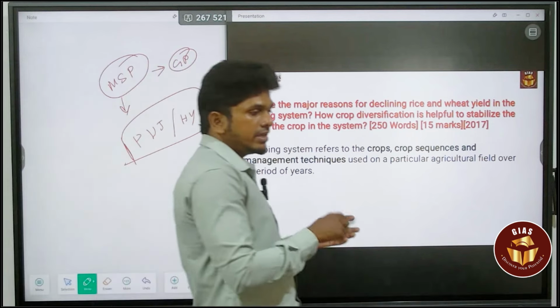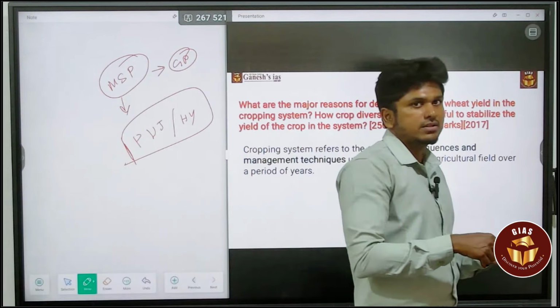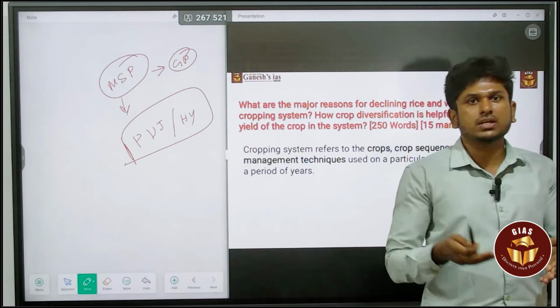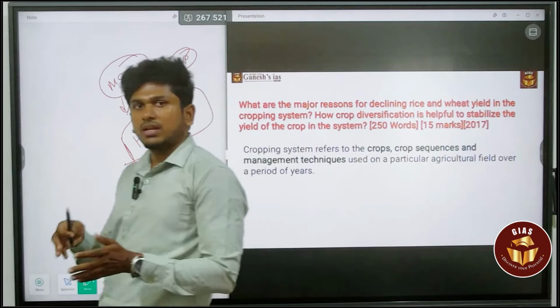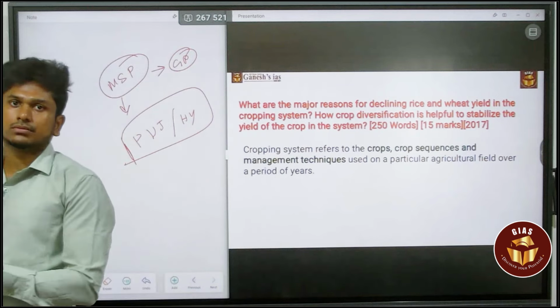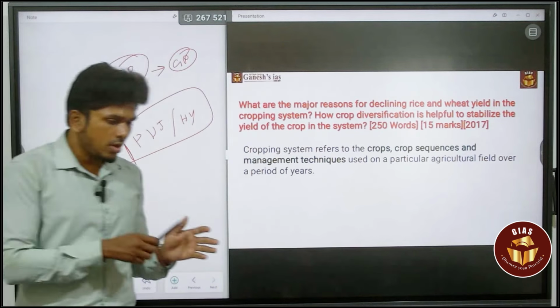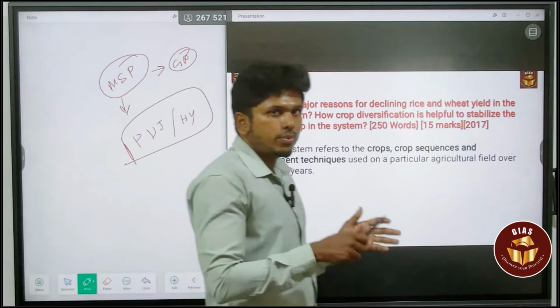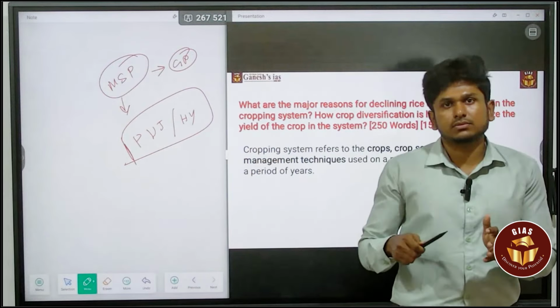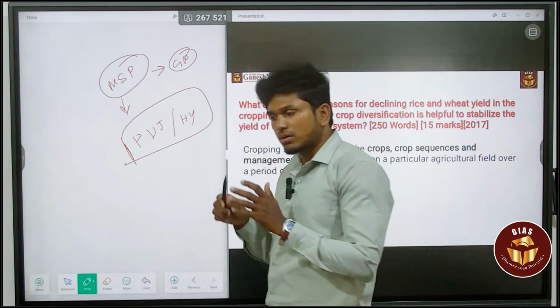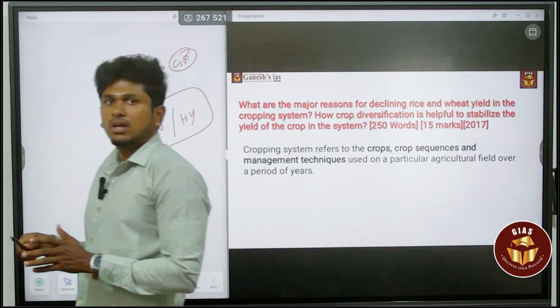That will be helpful for the next time you are cultivating rice, so you can easily reduce the usage of fertilizer, and soil degradation won't happen. So crop diversification is the most important thing when it comes to the yield of any crop. So we need to do crop diversification.